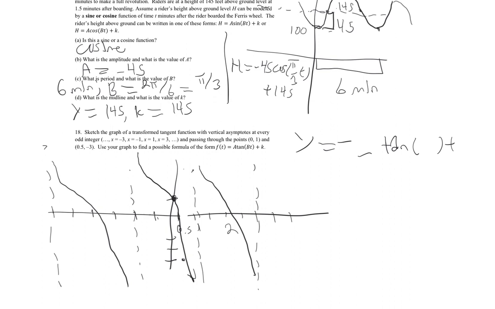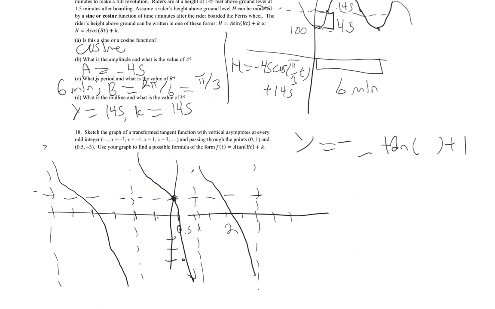Because when we plug in 0, tangent of 0 is sine of 0 over cosine of 0, which is 0. So our midline has to be 1. Because we have asymptotes at every odd integer, we can deduce that tangent is undefined when cosine is 0.